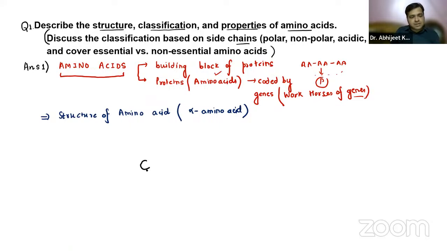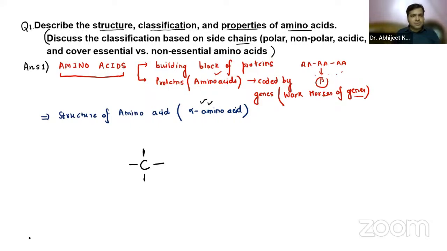And this carbon is said to be alpha when all the four bonds, all the four valencies, are occupied by different functional groups. Then it is said to be alpha. We have non-alpha amino acids also. But over here, I am talking about the alpha amino acid, the basic amino acid.